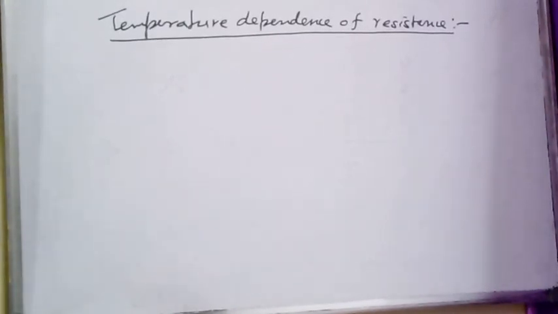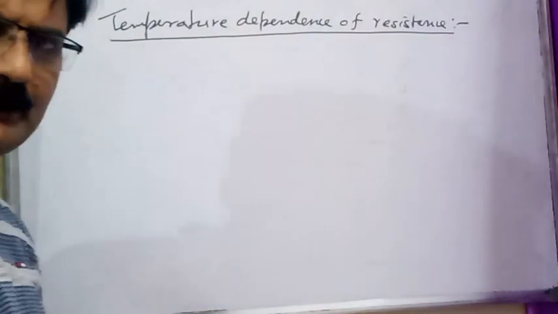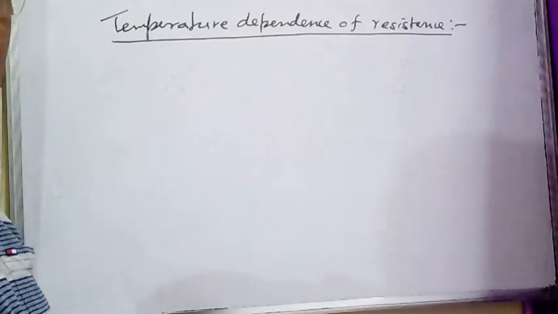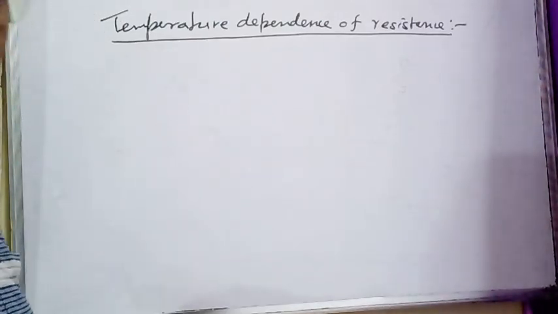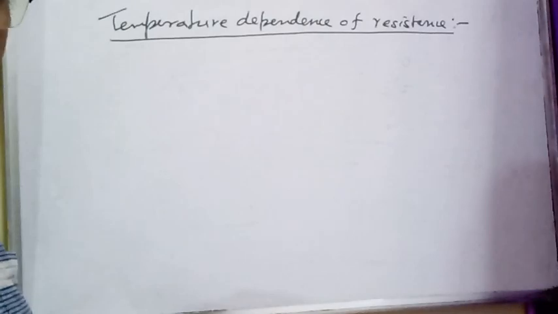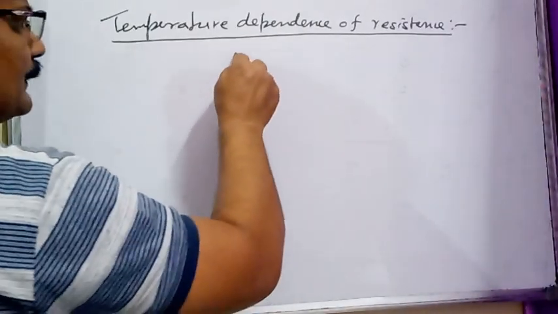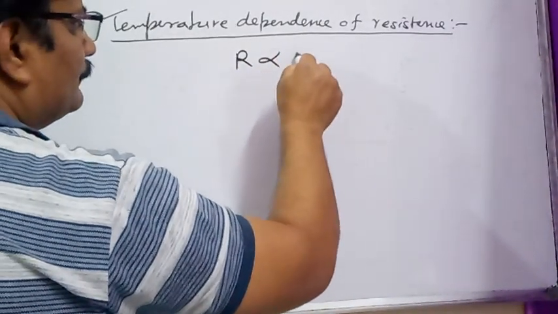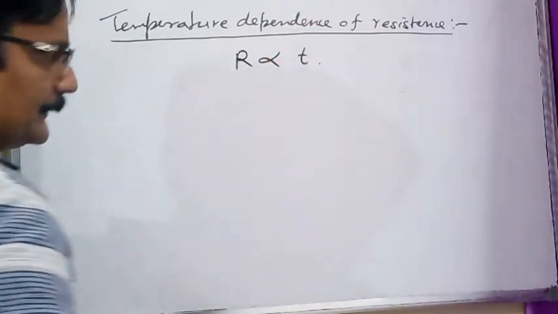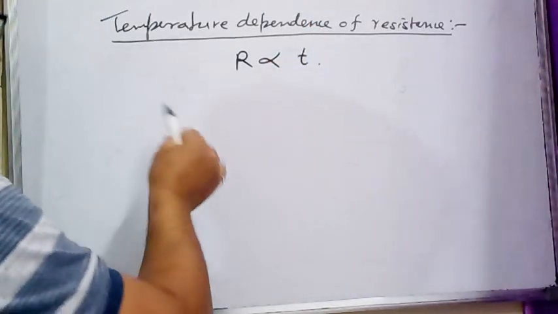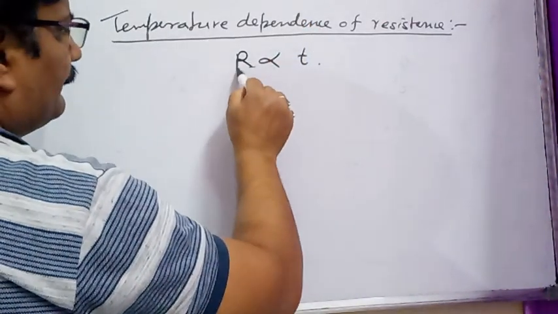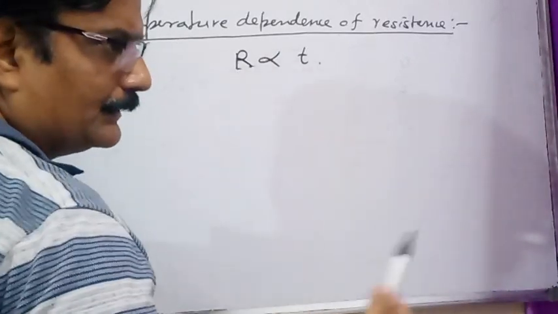Students, see what can be the temperature dependence of the resistance. As I told you earlier, temperature is an external factor which decides the resistance of a conductor. So resistance of a conductor is directly proportional to temperature. So how does the resistance of a given conductor increase with rise in temperature?